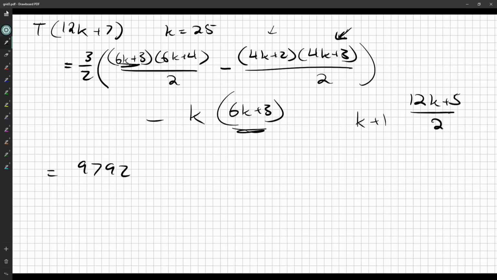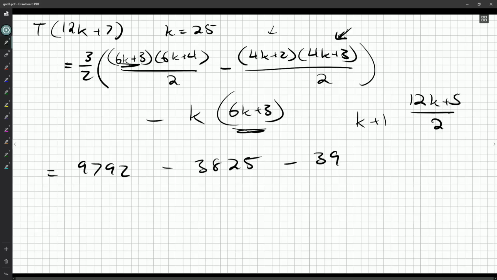Seems odd. I'm just going to double check. 153 times 154 minus 102 times 103 divided by 4 multiplied by 3. Okay, yeah, it's fine with me. Minus 25 times 153, so 3825, minus 26 times 305 divided by 2.